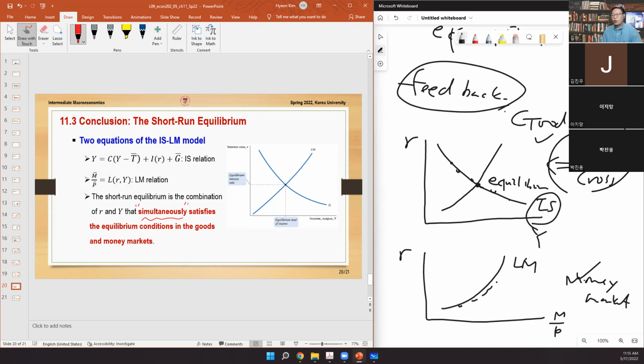When we put them together, that means simultaneously we achieve an equilibrium point in both the goods market and the money market. That means we make a connection between the real sector and the money sector, which in general we can say looks like a nominal sector.